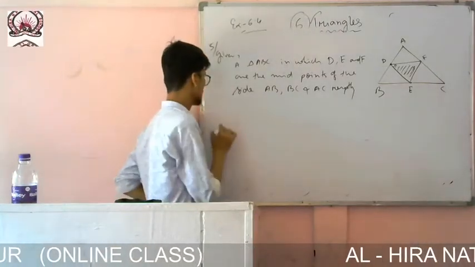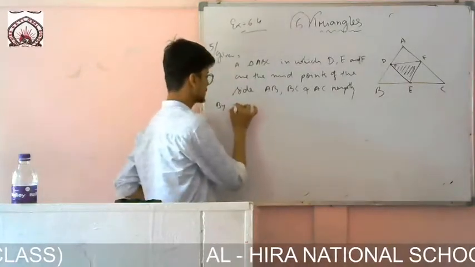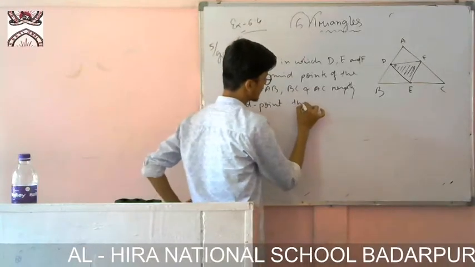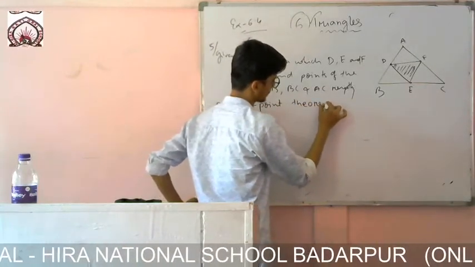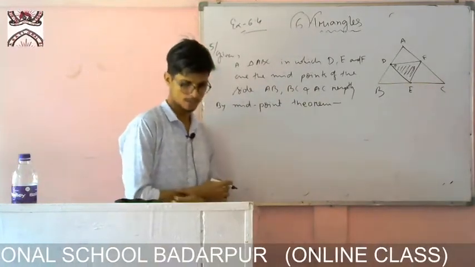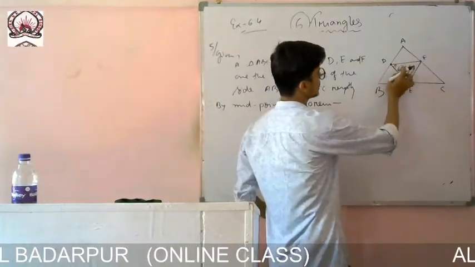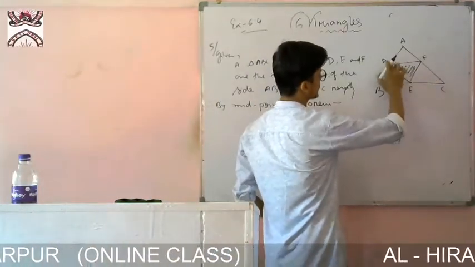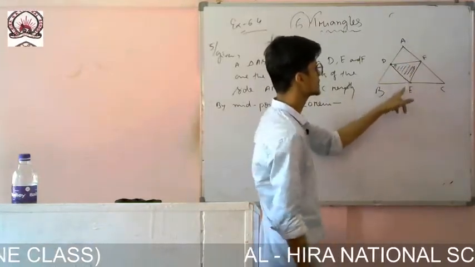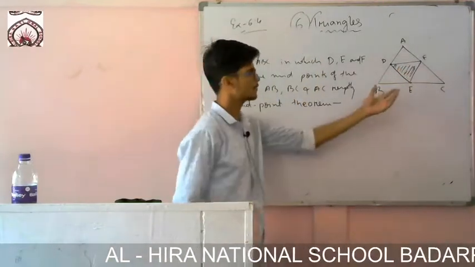So I can use the midpoint theorem here. Yesterday also I discussed this theorem once; in class 9 it was there. By the midpoint theorem, if these are the midpoints and I join them, then this one will be parallel to that one, and DF will be equal to half of the third side, that is BC.